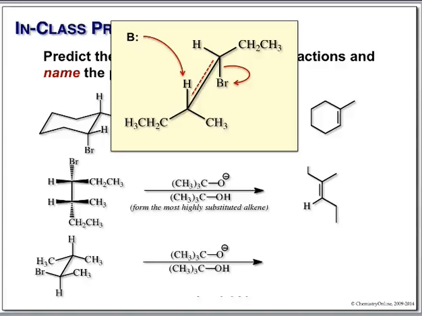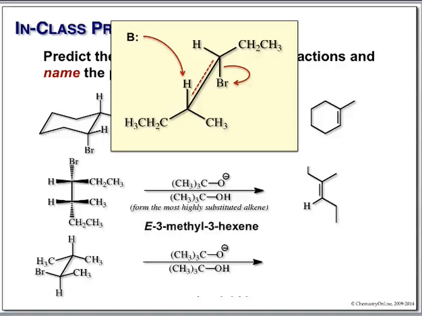If we named it, our longest chain would be 1, 2, 3, 4, 5, 6. So it's a hexene with a double bond at position 3, and a methyl group at carbon 3.